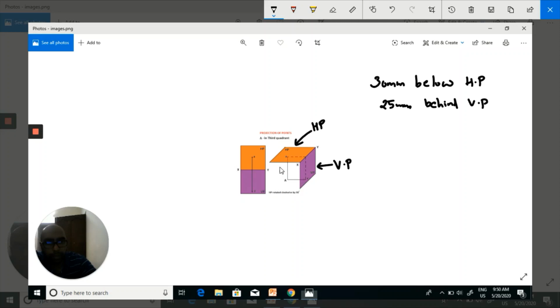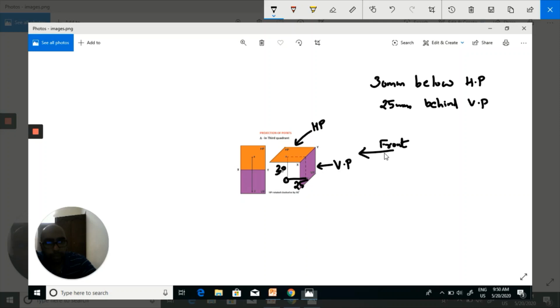So this distance will be 30 and this distance will be 25. So we have a point here. Now if we look from the front, imagine that this vertical plane is transparent.